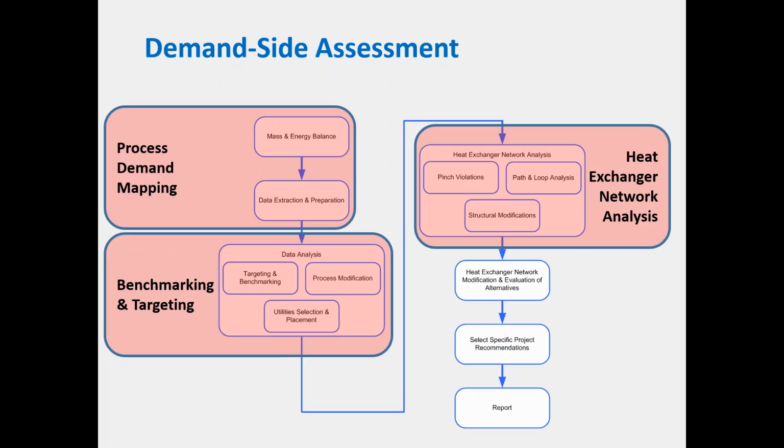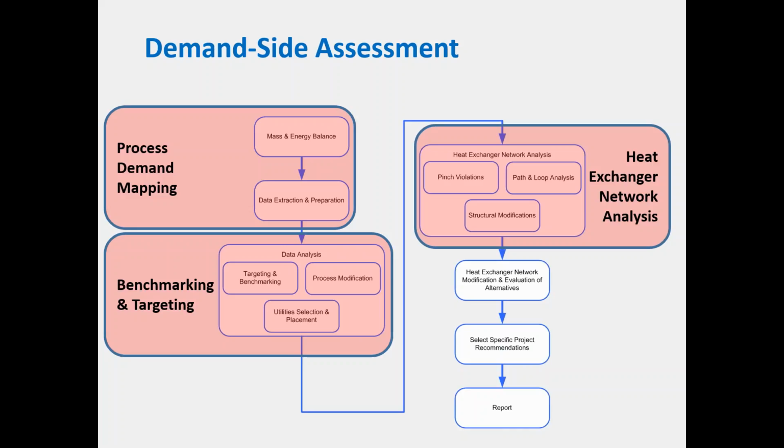Maybe instead of having stream A on the hot side, if we had stream B on the hot side, we may take better advantage of some temperature or some flow rate, something like that. So that's really around looking at what modifications we can do to the network in order to realize some savings.